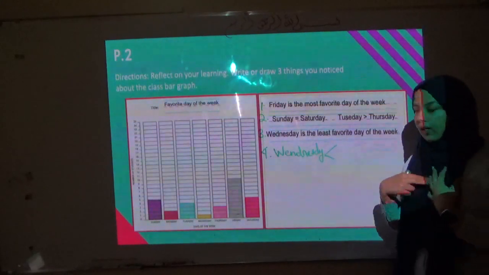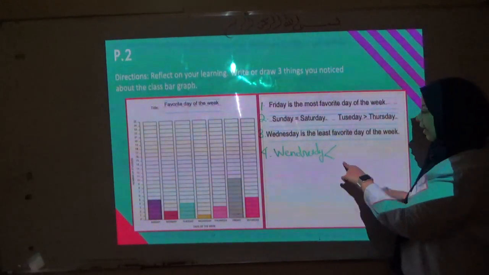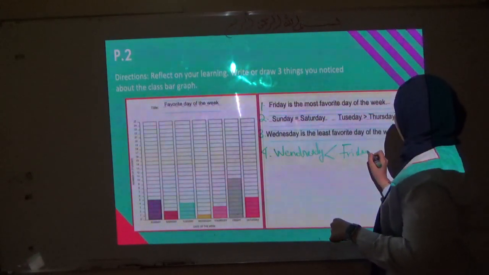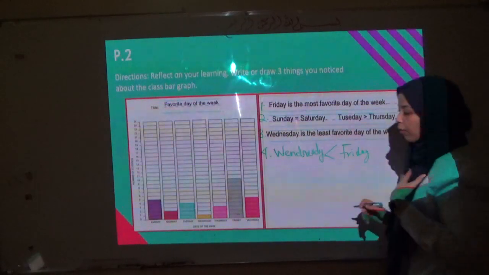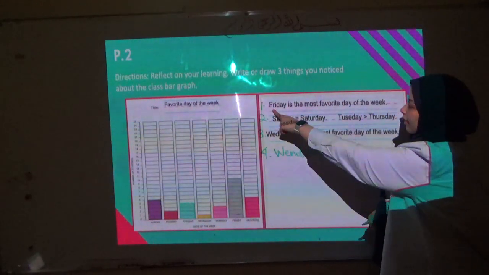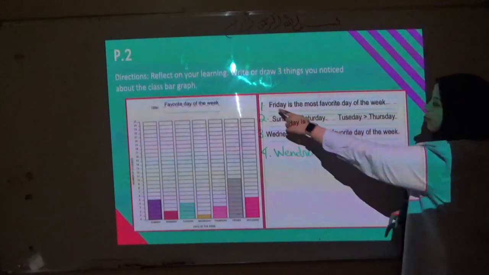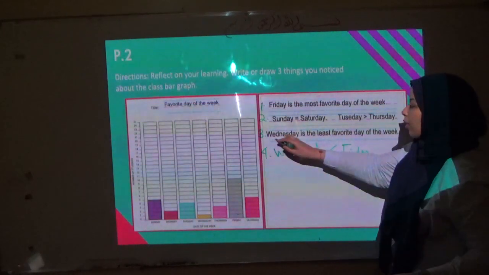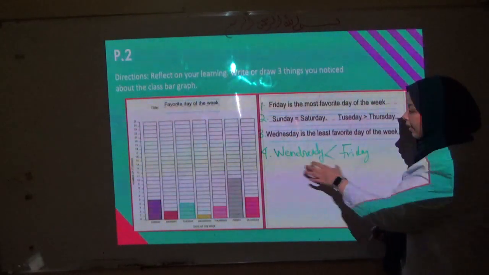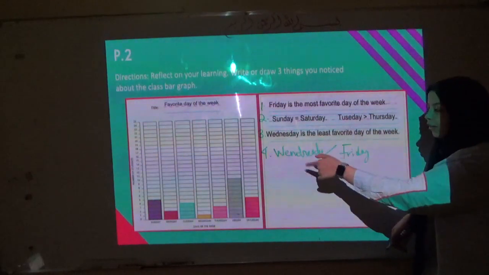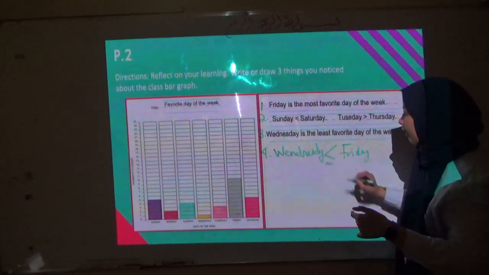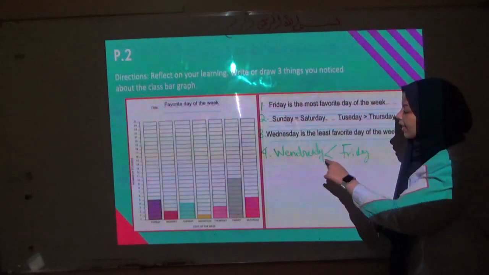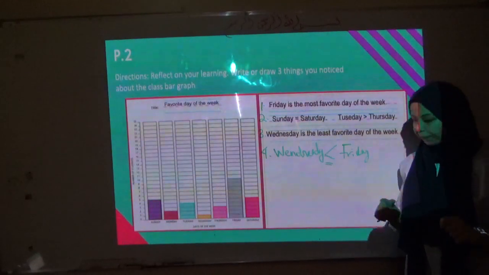For me, I will take Wednesday less than Friday. It's the easiest for me because I know from the first sentence that the most favorite day is Friday and the least favorite day is Wednesday. So I can form a relation between the 2 days and put it down here, and we pronounce it less than. So Wednesday is less than Friday.